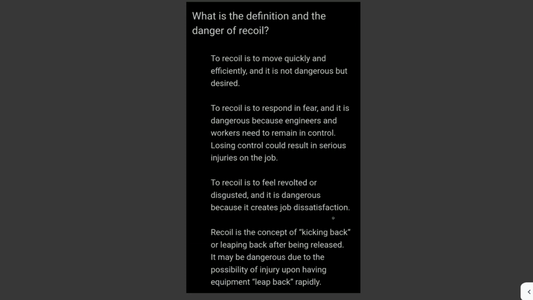So among the choices here, the answer is this one. Recoil is the concept of kicking back or leaping back after being released. It may be dangerous due to the possibility of injury upon having equipment leap back rapidly.